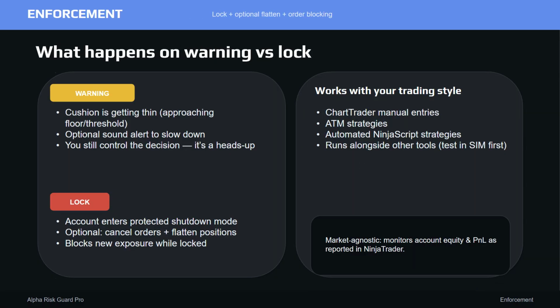So what happens in the warning versus lock? Why do we make a warning, and not just lock? That's why we have the caution here. The caution is to say, okay, you're reaching, but not yet. Also, you can play a sound for us to slow down.